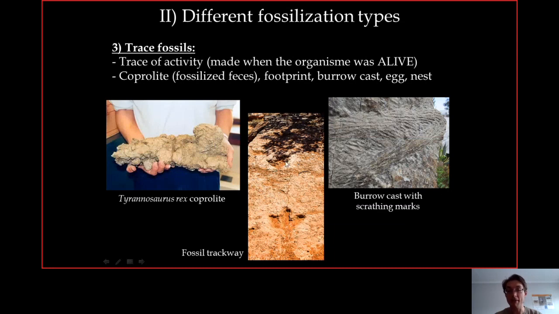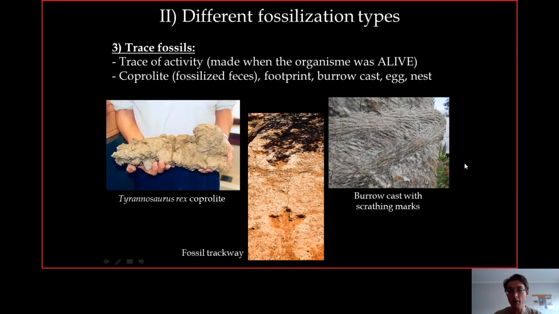The trackways are made by animals that are alive. The burrow casts are made by animals that are alive. Feces are made by alive animals. Eggs and nests are made by living animals. So the living organisms leave a trace behind, and this is a trace of activity. This is a trace fossil by definition. So if it's made by an animal when it was alive, you can be sure that it's a trace fossil.